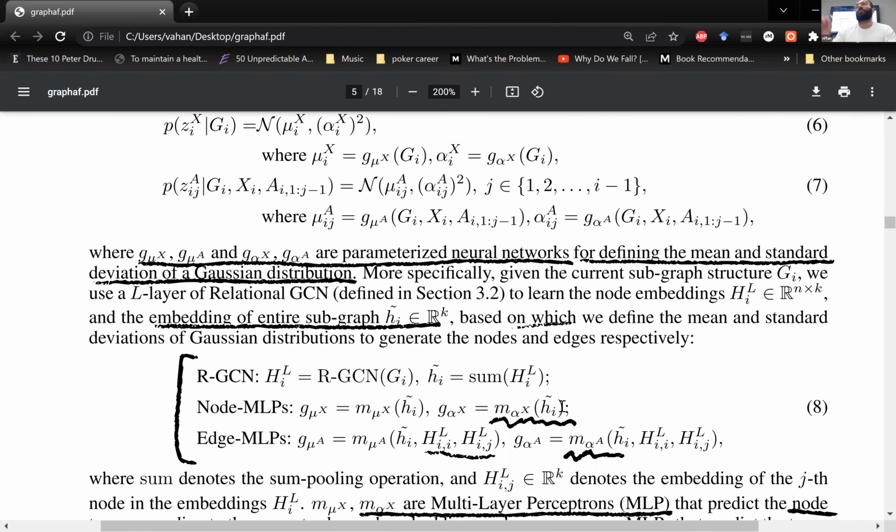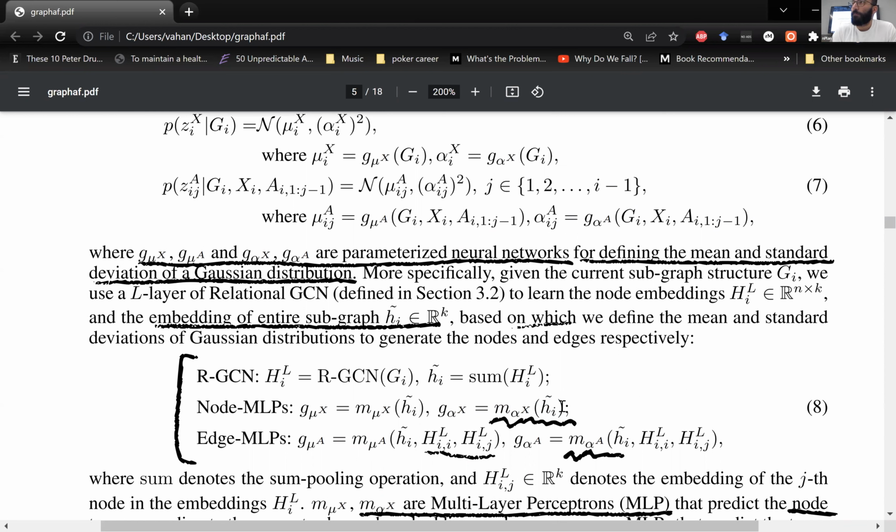And then between every new node and the currently existing graph, you have another MLP that generates a distribution that says, is there an edge between those or not? And then you do it with every new generated node, right? So you end up generating node, then edge, node, edge, and so on.